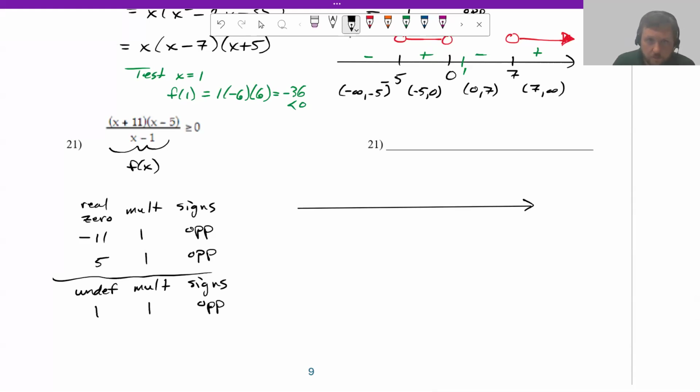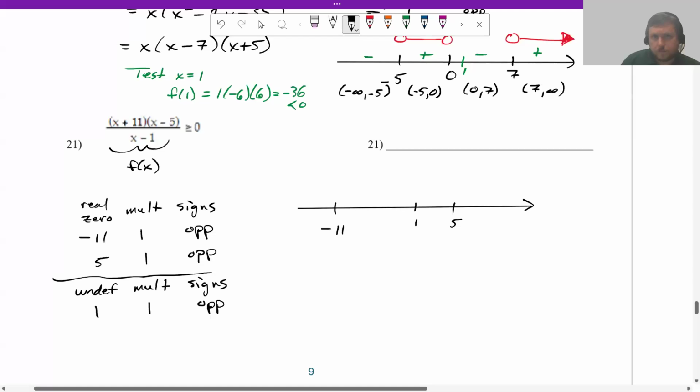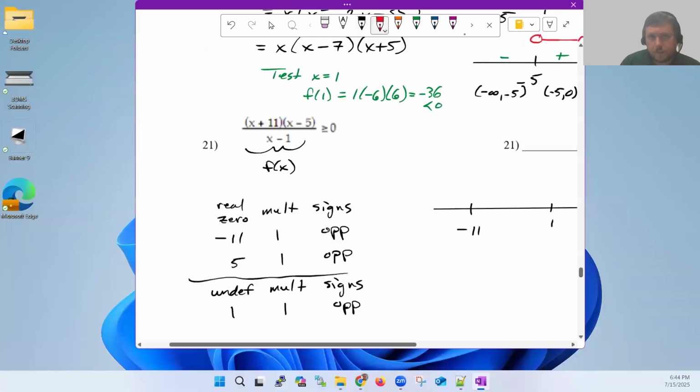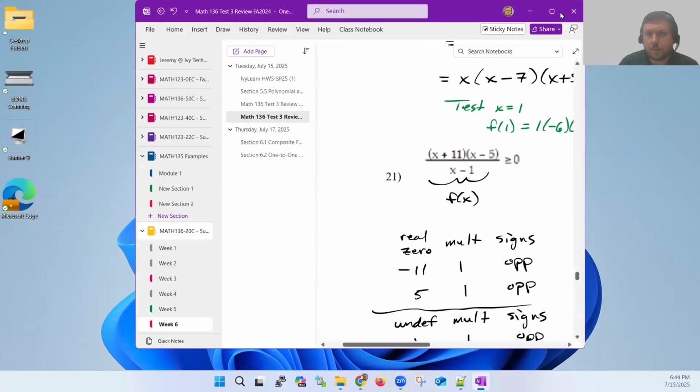Now, let's mark these down. So we have -11, and then we have a 1 and 5. And then, like I said, I like to mark these with circles.